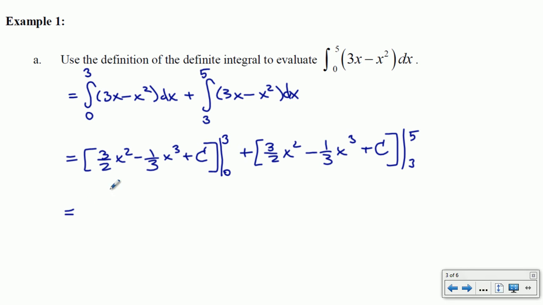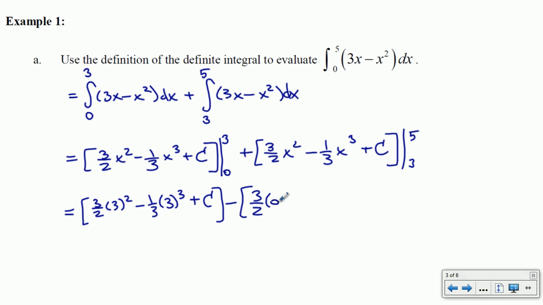Next we're going to plug the 3 in everywhere we see an x. So we'll go 3/2 times 3 squared minus 1/3 times 3 cubed plus c. And we would subtract 3/2 times 0 squared, minus 1/3 times 0 cubed plus c.